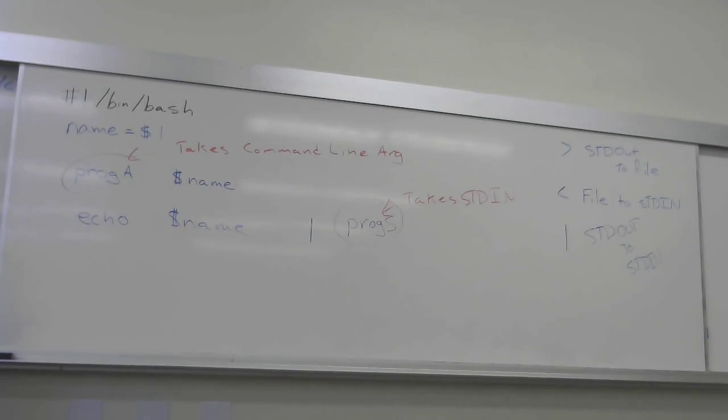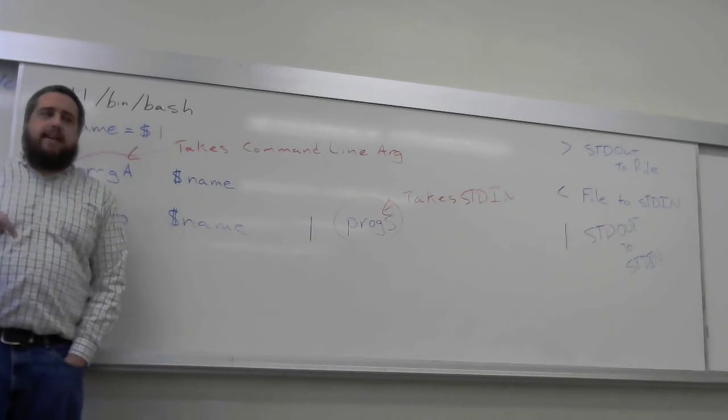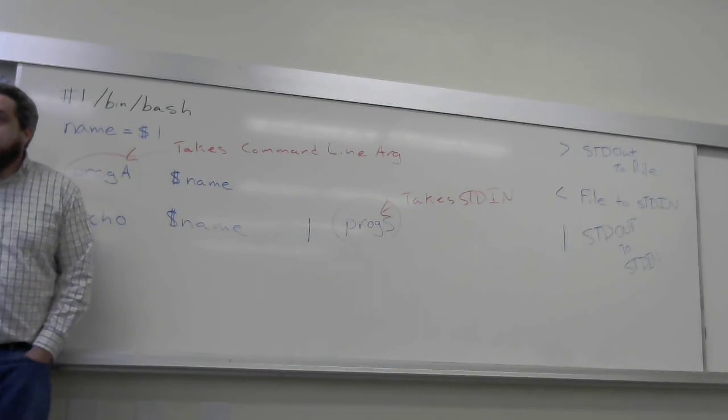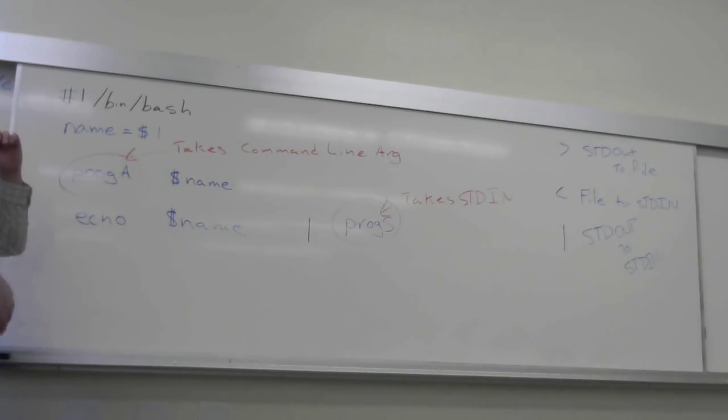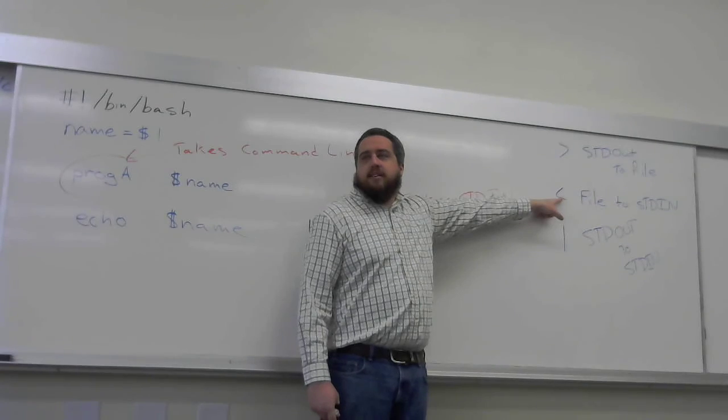What is a common place to have multiple lines? Inside of a file. So let's suppose we have a program that's going to take multiple lines of input. Where do we want that input to come from? The answer is going to be a file. So if we have, let's say, program MS for multiple standard in, we would probably want to use a file to standard in, like so.